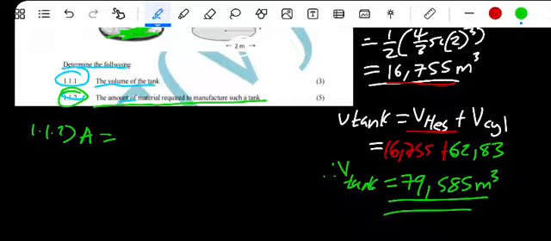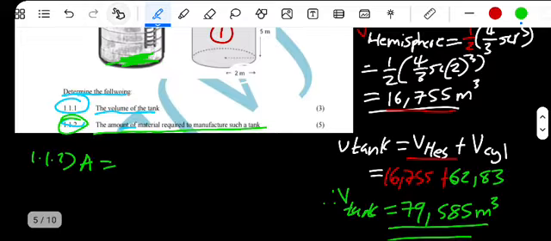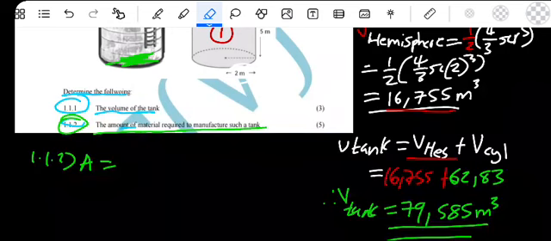When you're talking about things like a sphere, we can have our surface area. So we'll have now the surface area of the cylinder.